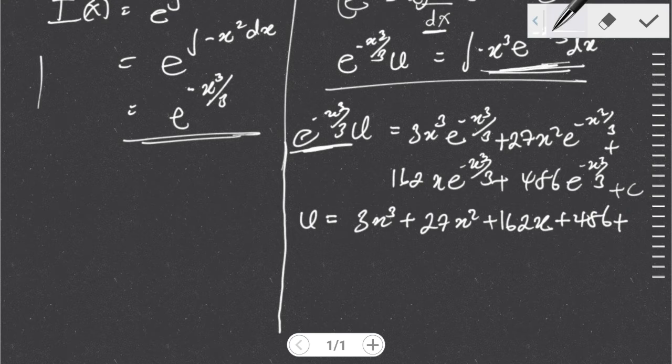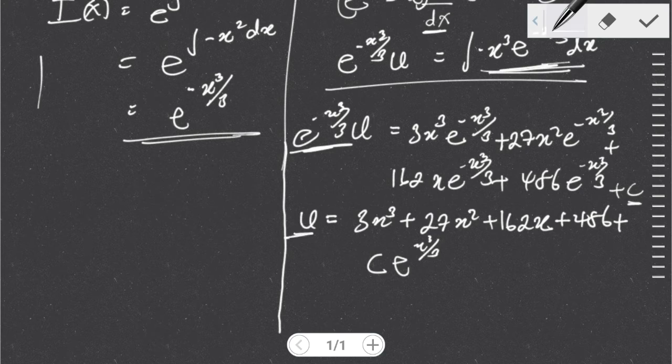Now remember, this was also supposed to be divided. If you divide throughout, this is also supposed to be divided, and therefore plus c e to power x cubed out of 3.